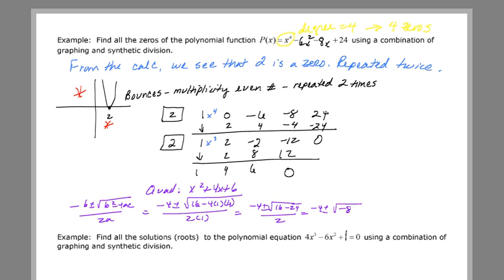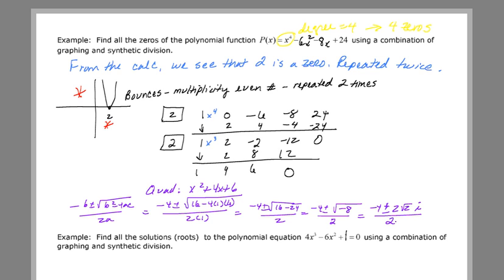Under the radical, we're looking at negative 8. And that negative 8 as a radical reduces to a 2 square root of 2, but since it's negative, that's where our imaginary thing comes from, our complex 0. Imaginary 0, however you want to call that.